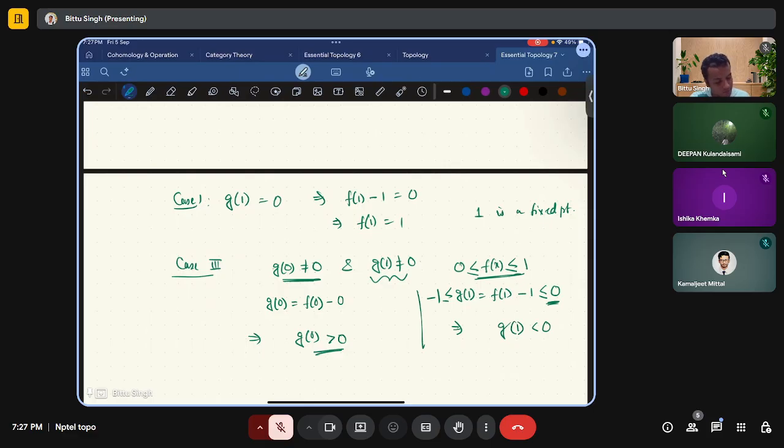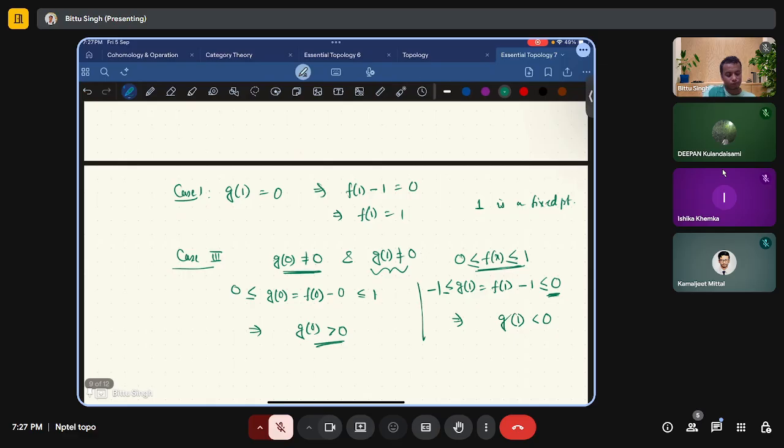Is it clear? f(0) lies in between 0 and 1. So can you now use the intermediate value property?